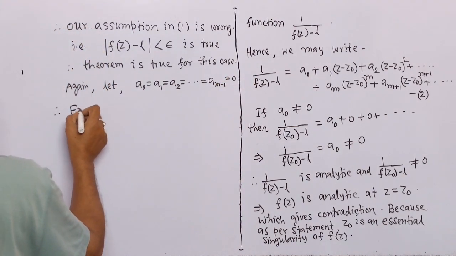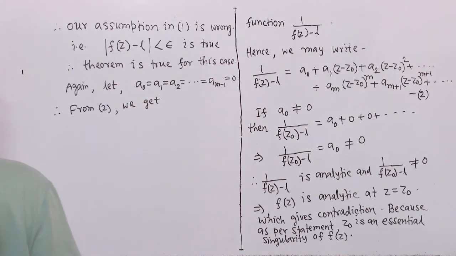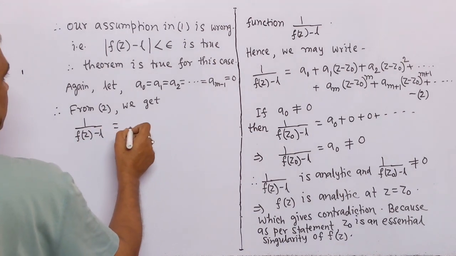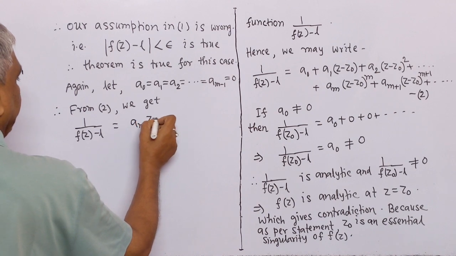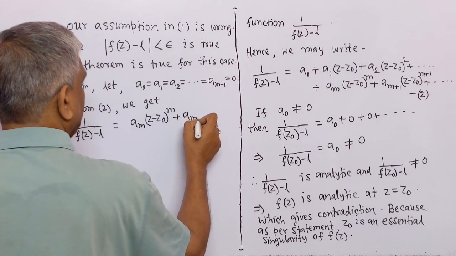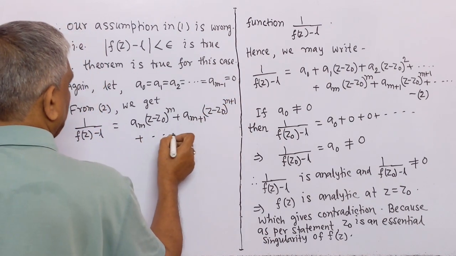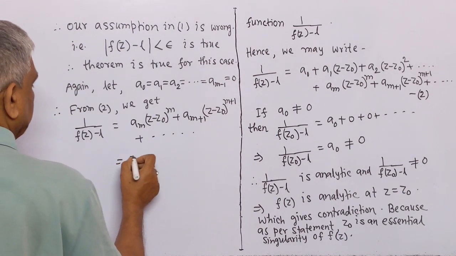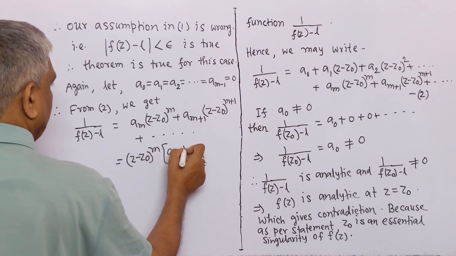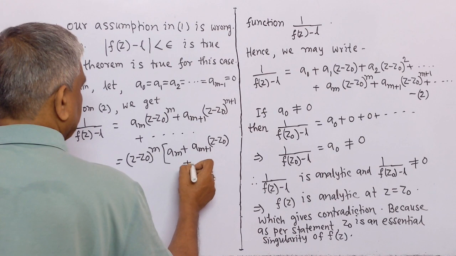Therefore, from 2 we get 1 by (f(z) minus L) equal to a_m (z minus z naught) whole to the power m plus a_(m+1) (z minus z naught) whole to the power m plus 1 plus dot, and this equal to (z minus z naught) whole to the power m times (a_m plus a_(m+1) (z minus z naught) plus dot).